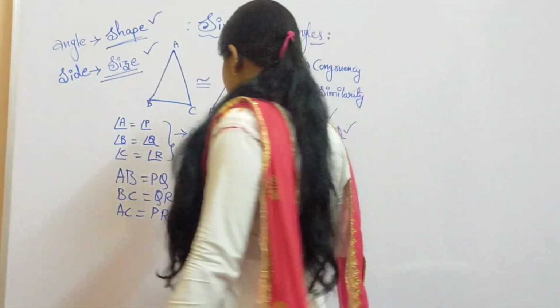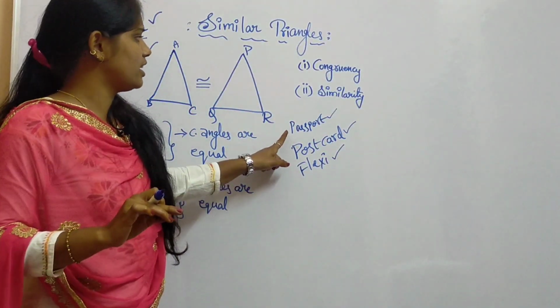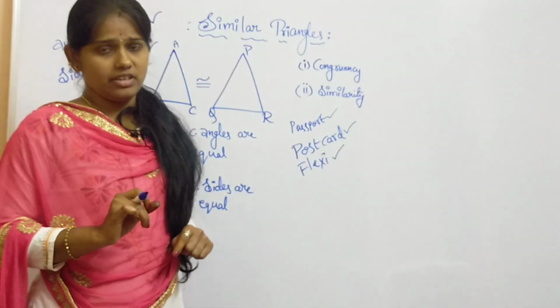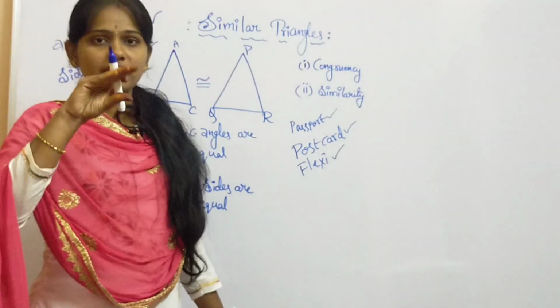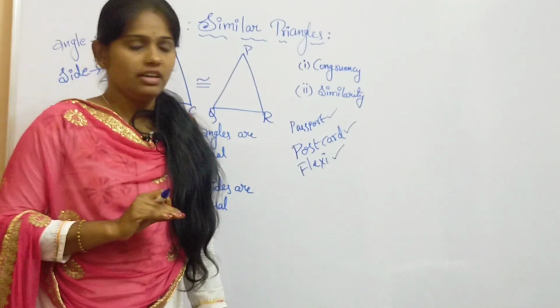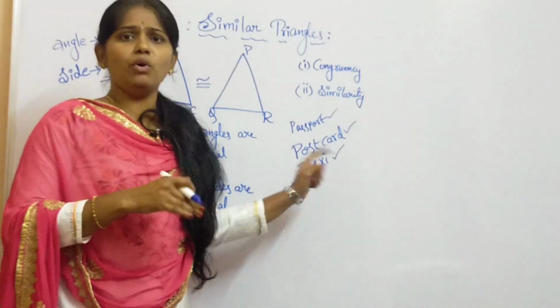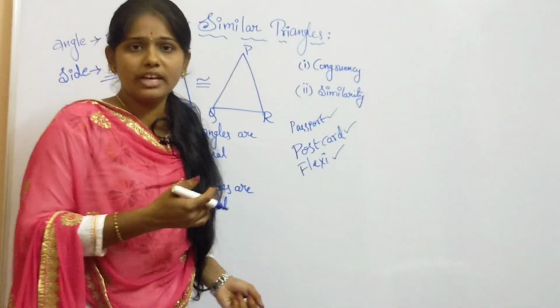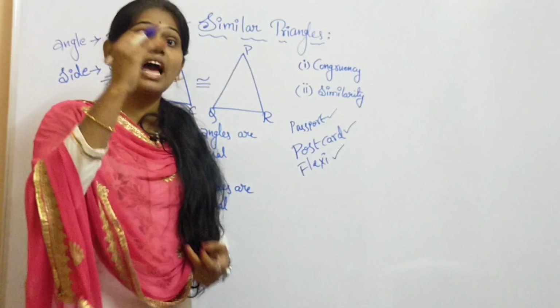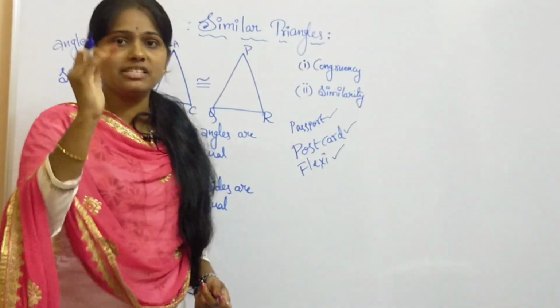So here, if Ramu wants a passport size photograph, what will the photographer do? He will decrease the size, right? If he wants to arrange a flexi of 10 feet or 12 feet, what will the photographer do? He will enlarge it. He will increase its size.